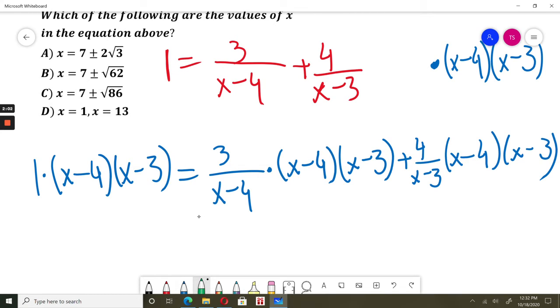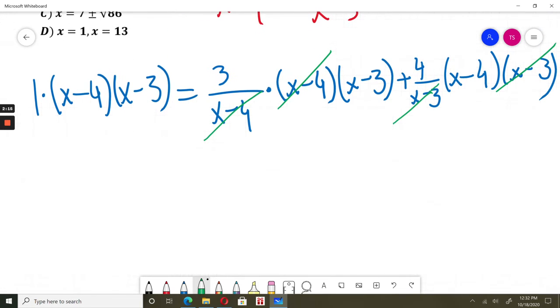Here x minus 4 divided by x minus 4 would be just 1, and the same here, x minus 3 divided by x minus 3 will be 1 as well, so this will just disappear.